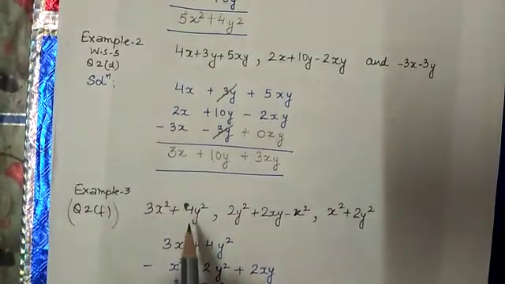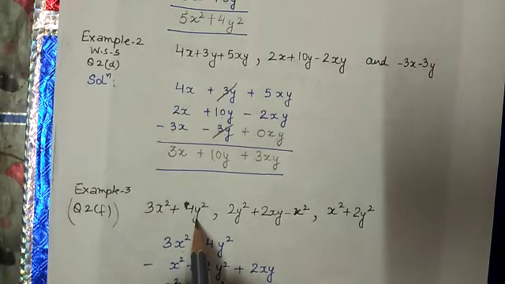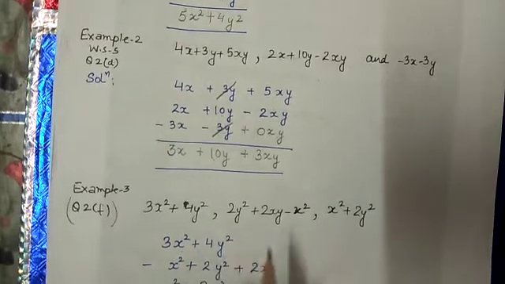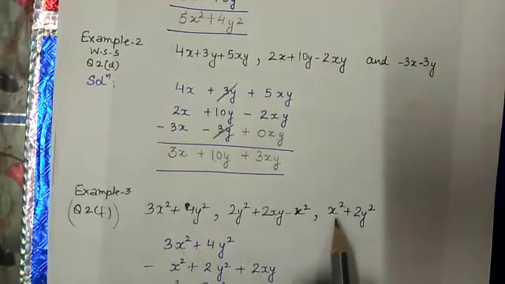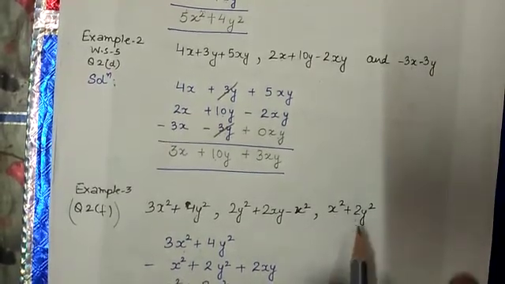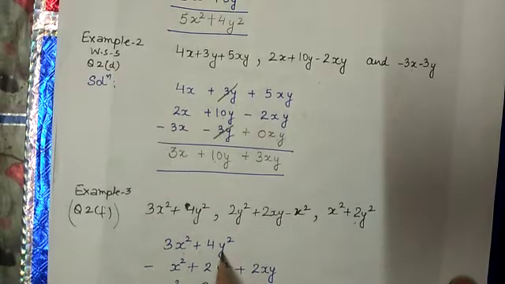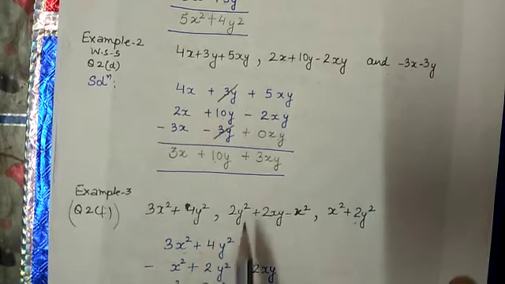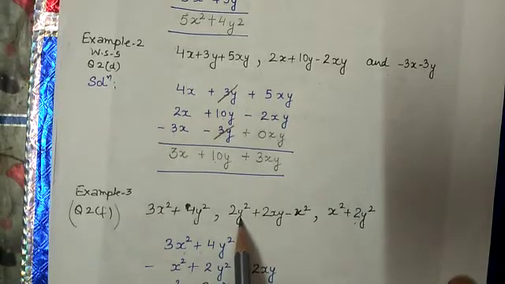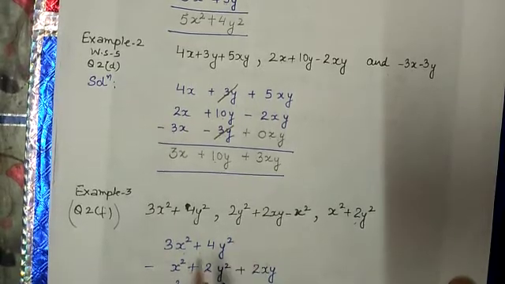3x square plus 4y square, 2y square plus 2xy minus x square, then x square plus 2y square. Firstly note the first expression. Now observe carefully. I have given 2y square first, but I won't write it here.